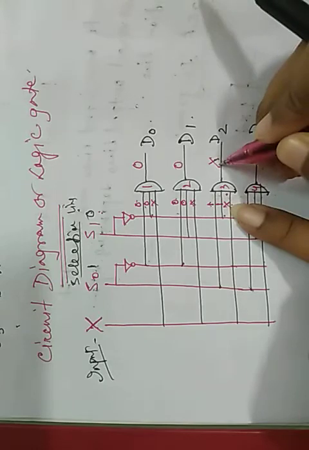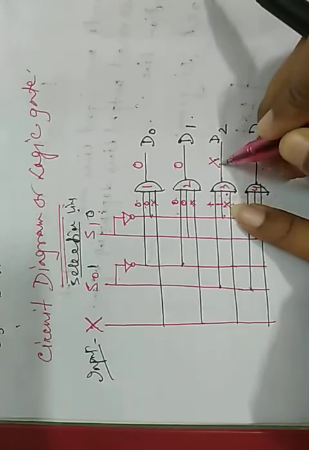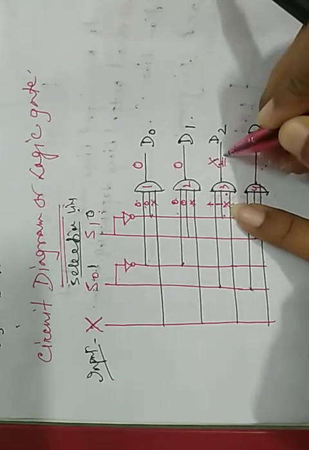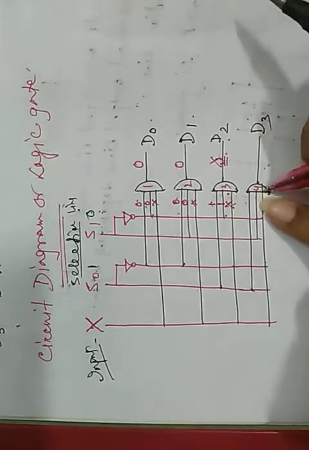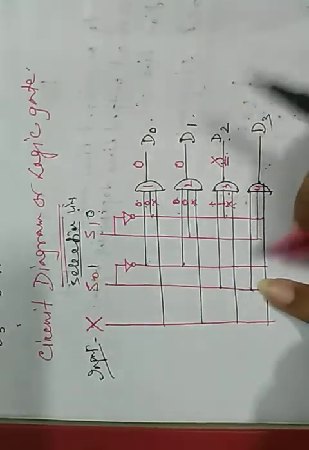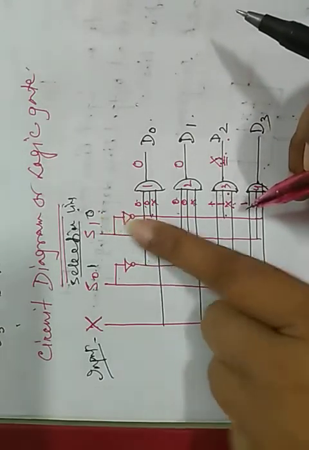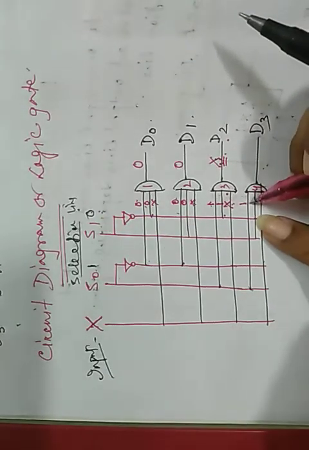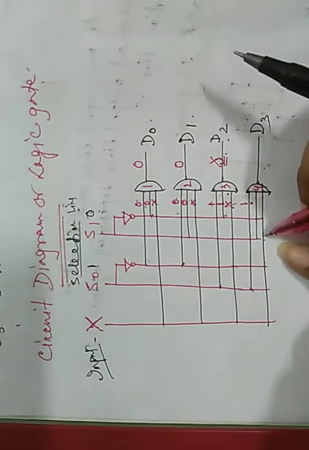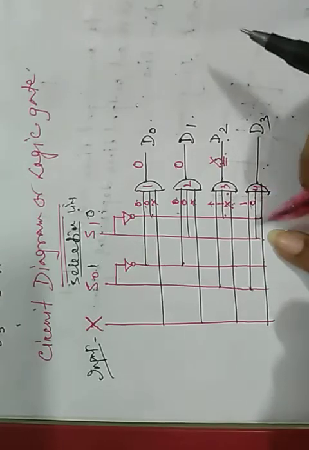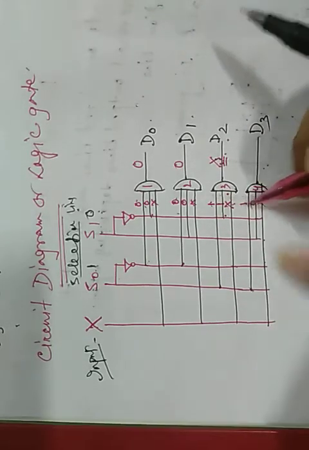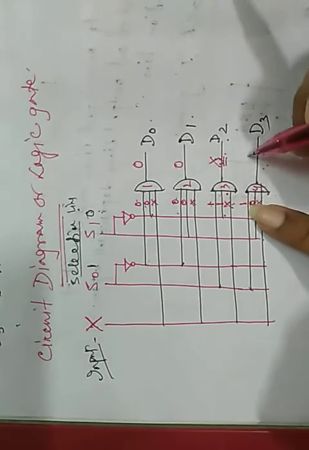If X is 0, we get 0. If X is 1, we get 1. Whatever the value of X, we get that output in D2. In the fourth gate, S1 is direct, that is 0, S0 is direct 1, and X, so one input is 0 and the output is 0.